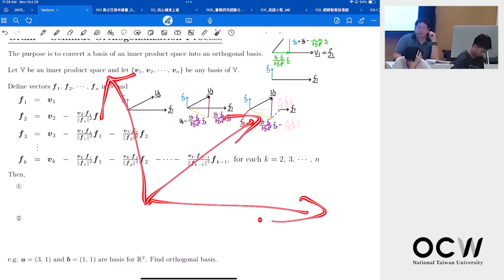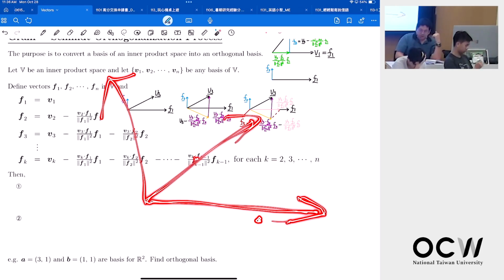They are just a basis, not an orthogonal basis. I want to form an orthogonal basis. First, I just choose one vector as our base. Then for the second vector, I need to remove the part in the direction of the base.